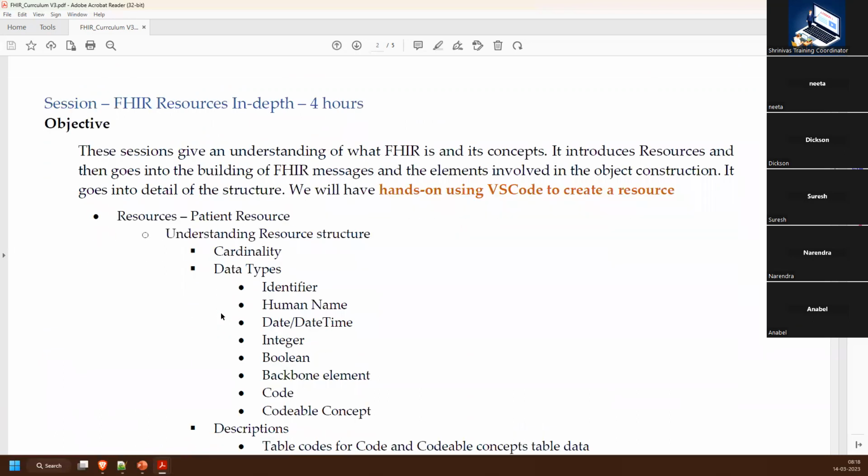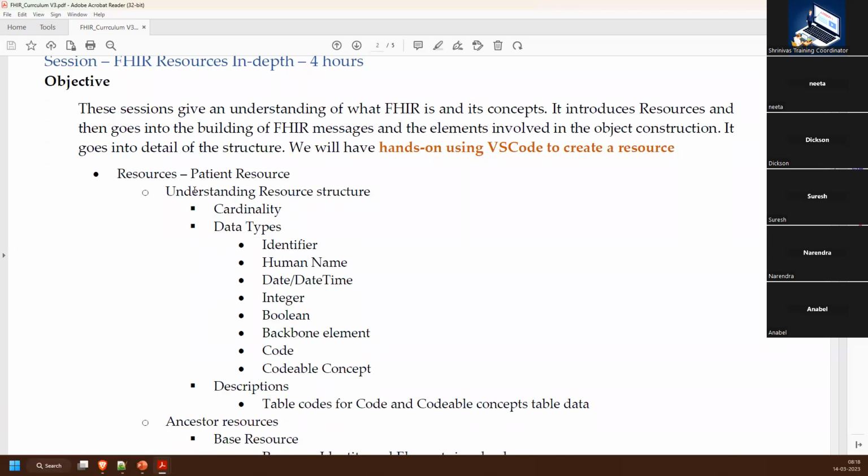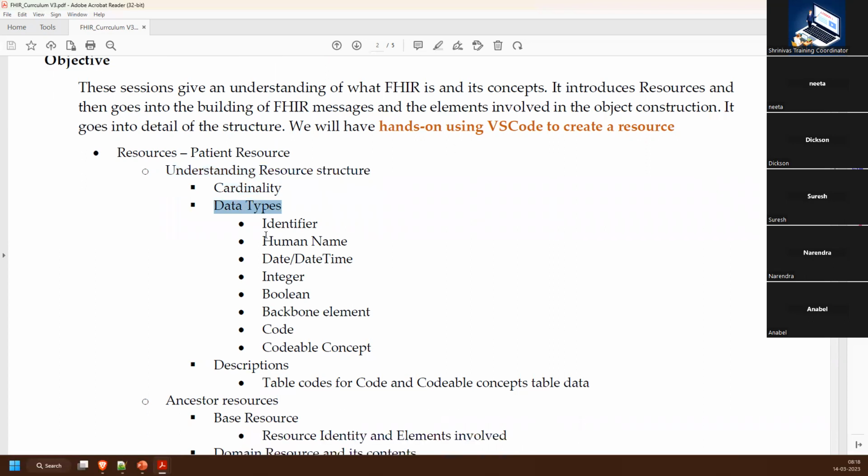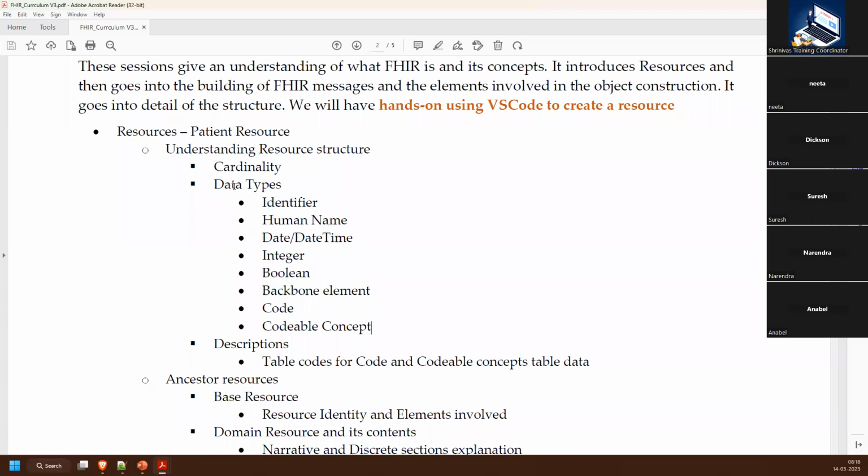Then we'll take a look at in-depth aspects of the resource. So we'll talk about how we understand the resource structure, what is cardinality, what are the data types, very common data types that we usually encounter. We'll talk about those common data types and understand the structure of each of these data types, and how data types are very, very important in building the structure of any FHIR resource.